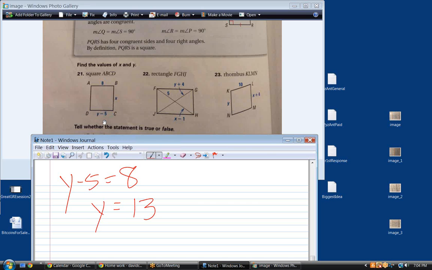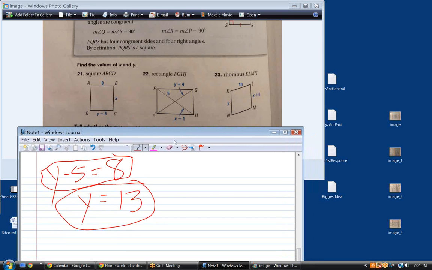But then it wouldn't be a square anymore, would it? It would as long as y is 13. In other words, this side has to be 8. So y minus 5 has to equal 8. But if I'm solving for y, I have to then solve this equation. And it gives me a y of 13, which makes sense because if y is 13, then 13 minus 5 is 8, and that side is what it needs to be. Ah.